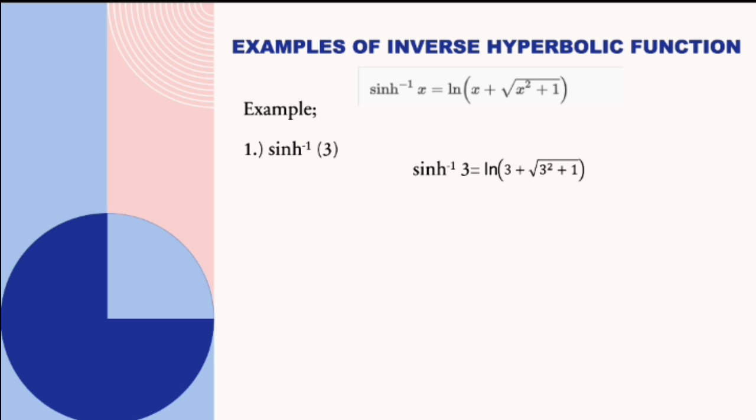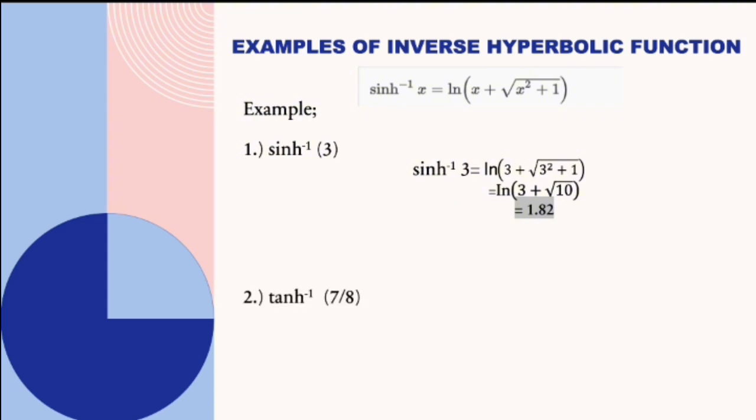Next, simplify after applying the value, equating what is inside the parentheses. 3 squared plus 1 is equal to 10, and ln(3 + square root of 10) is equal to 1.82. So we have here the final answer for example number 1.